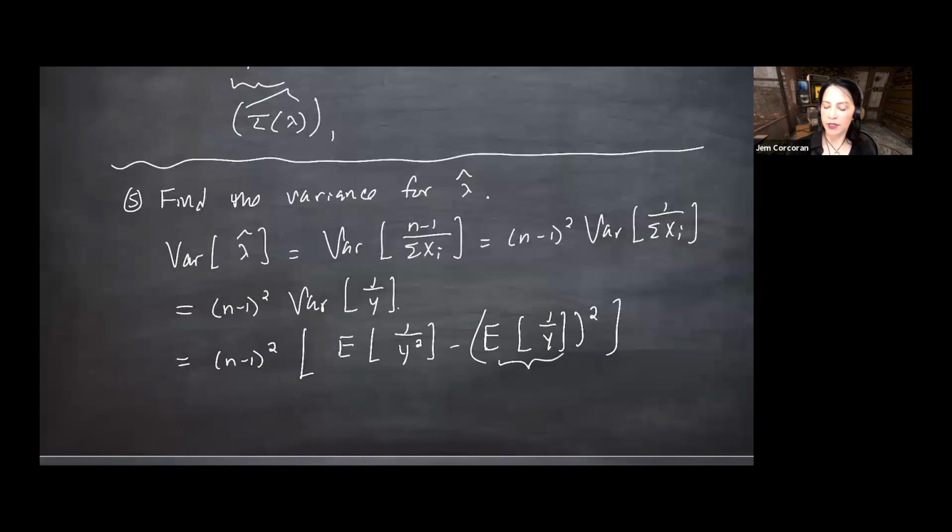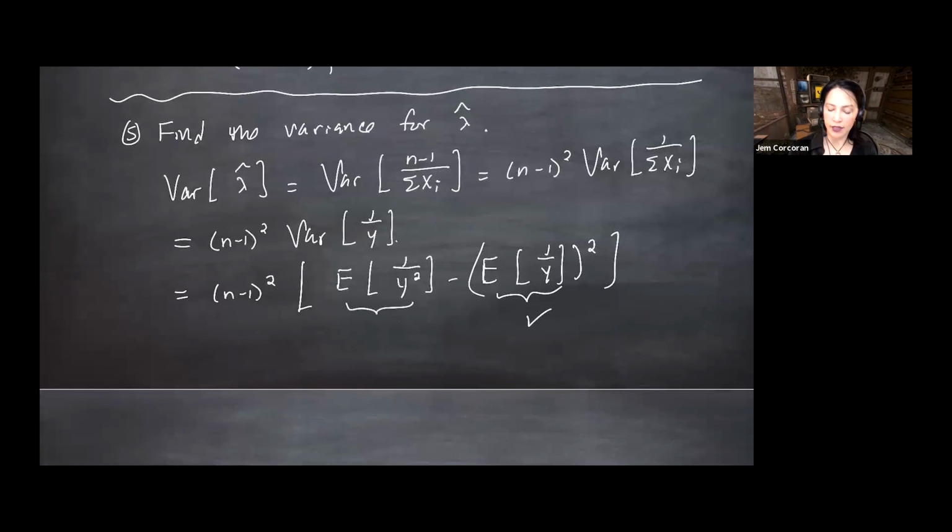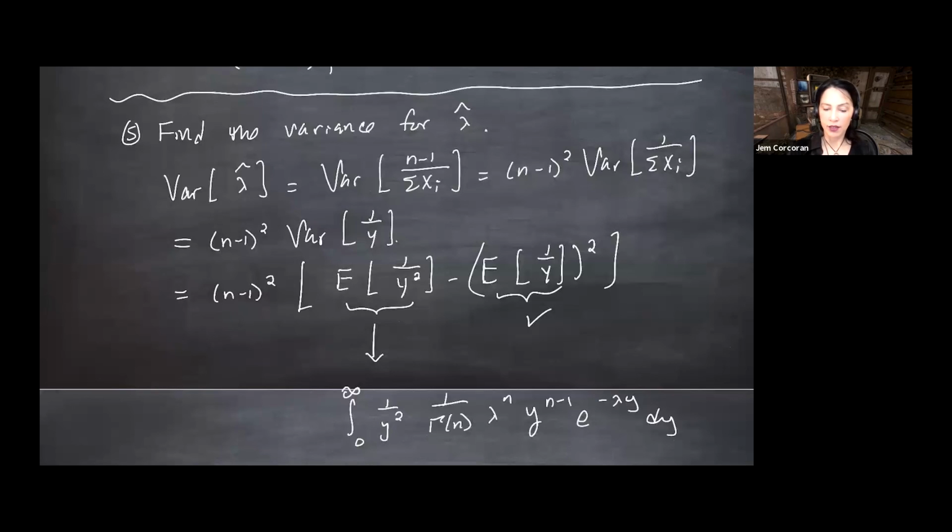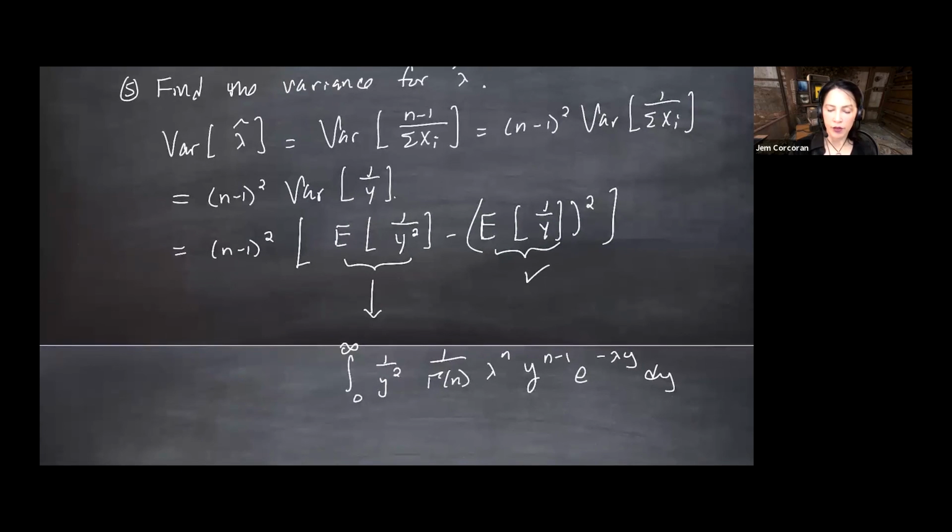And this expected value is just the integral from 0 to infinity of 1 over y squared times the gamma PDF that y has. Y is gamma distributed: y to the n minus 1 e to the minus lambda y dy. It's exactly what we did before, but before we had just a y there. I would suck that 1 over y squared into this and rewrite it as a gamma.